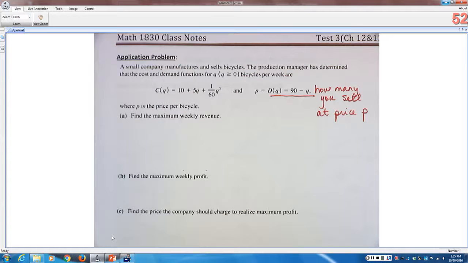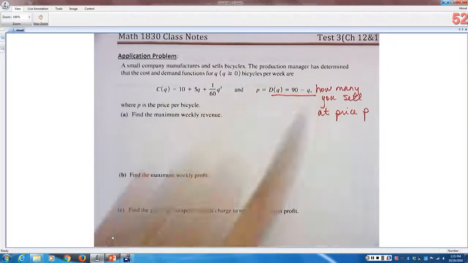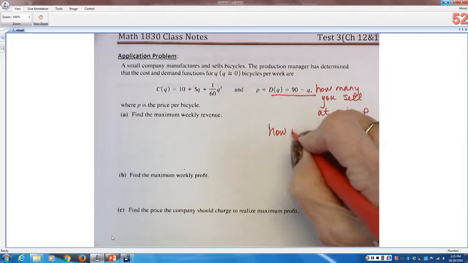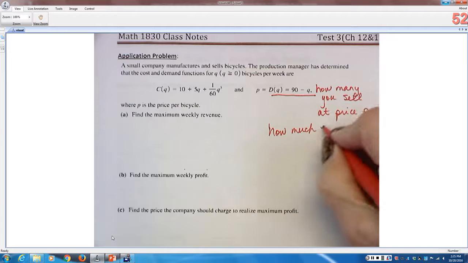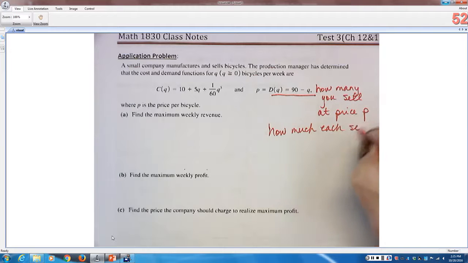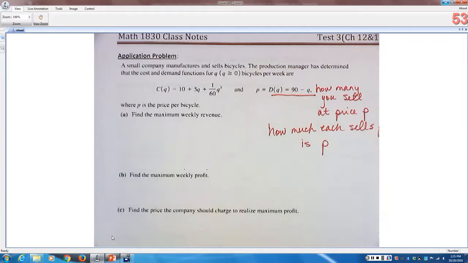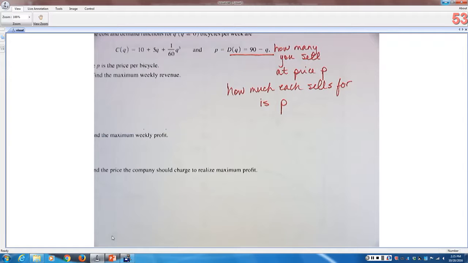P is in dollars. That's how many. How much each one sells for is P. Everybody good so far?